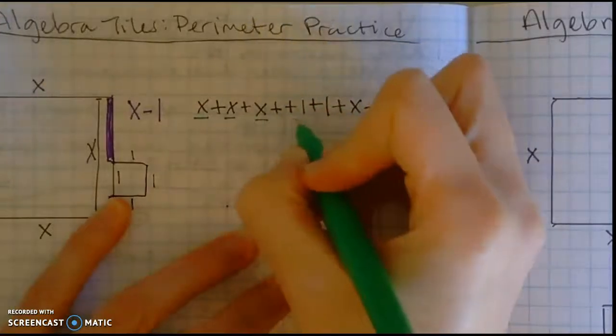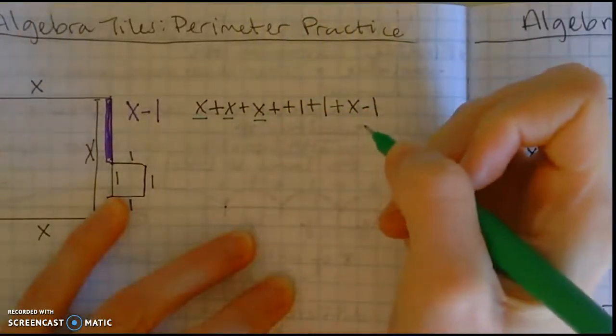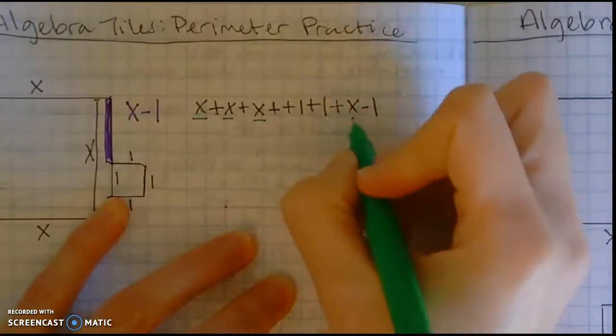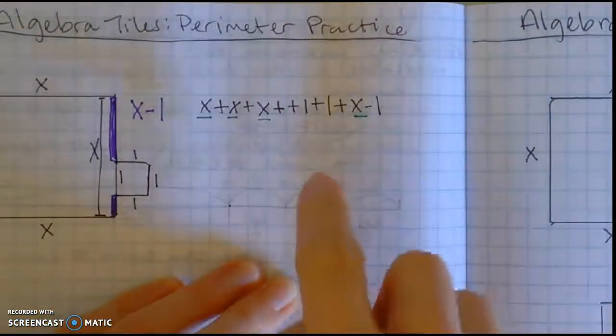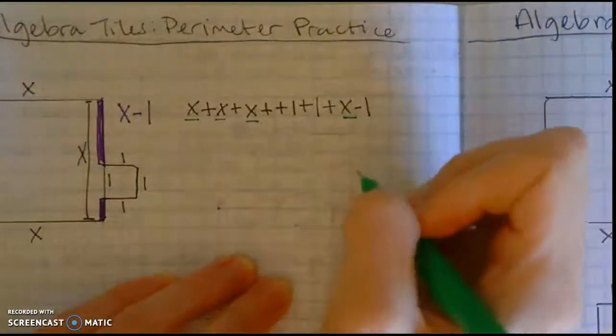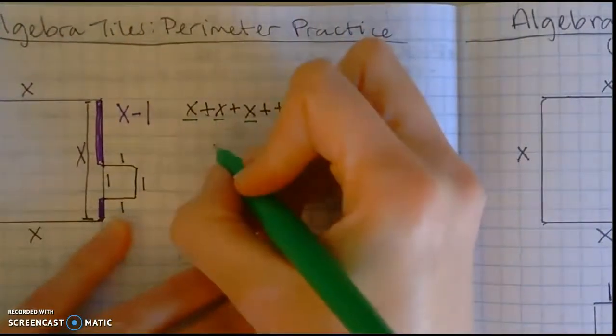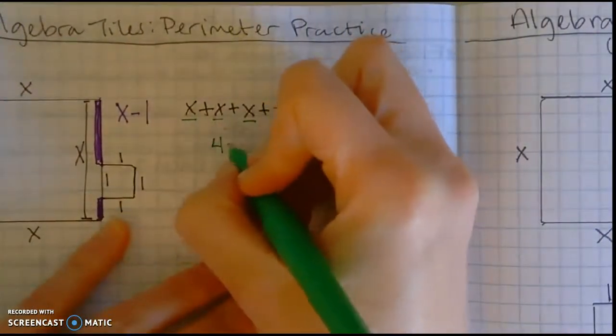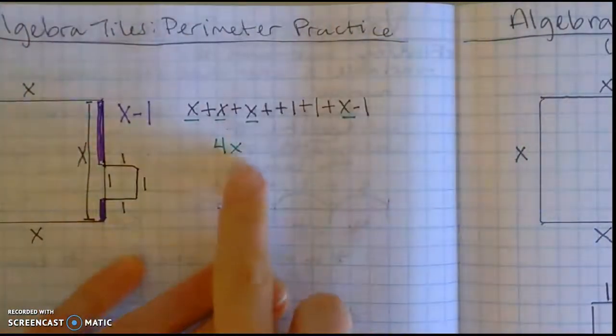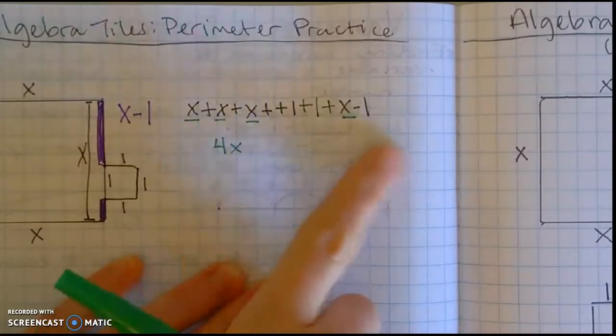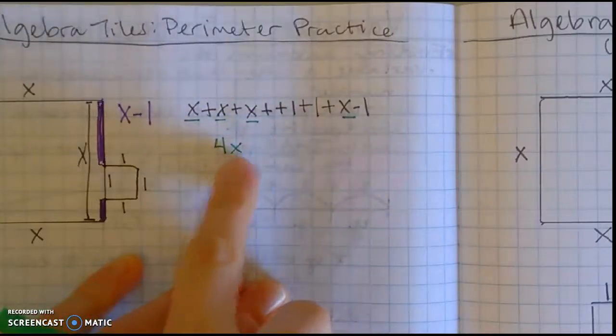X, X, X, X. I did 2 pluses there, apparently. Okay, doesn't matter. So I have 4 x's, so I can multiply them instead of doing x plus x plus x plus x. I'm going to multiply them and do 4x.